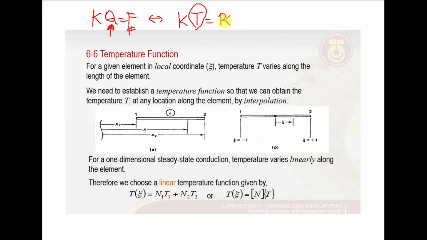And solving this simultaneous equation for T will give us the temperature at each nodal point. So for example, after solving kT equal to r, we are able to determine T1 and T2 along our finite elements model.